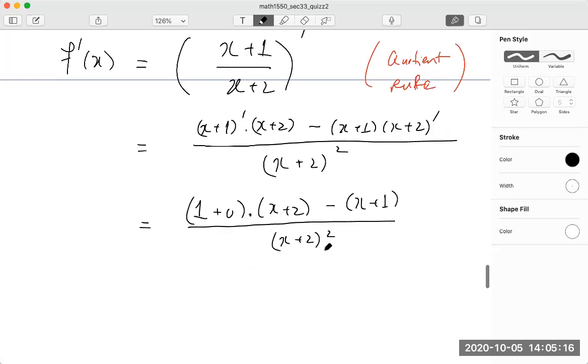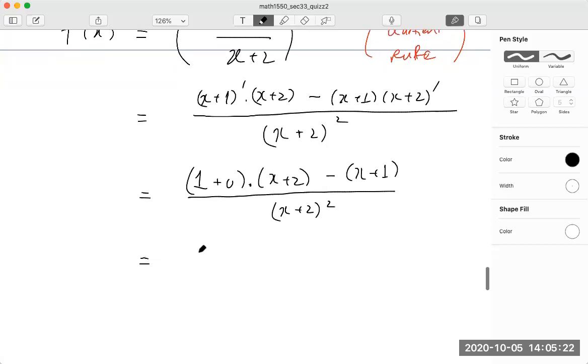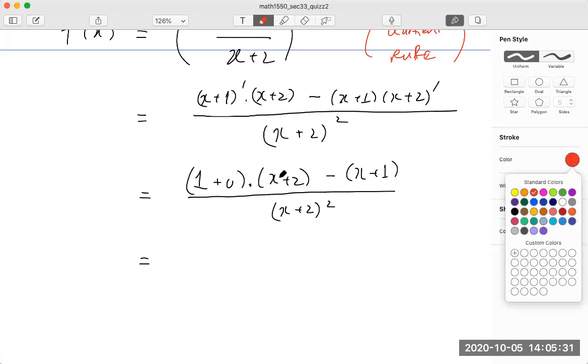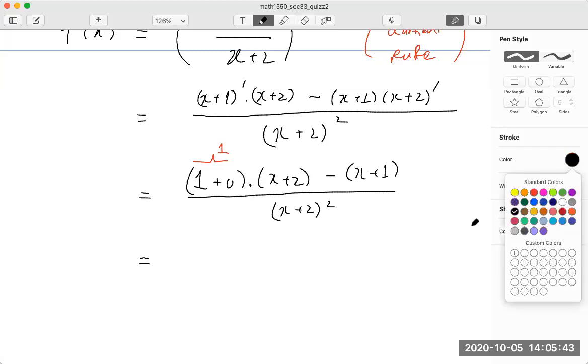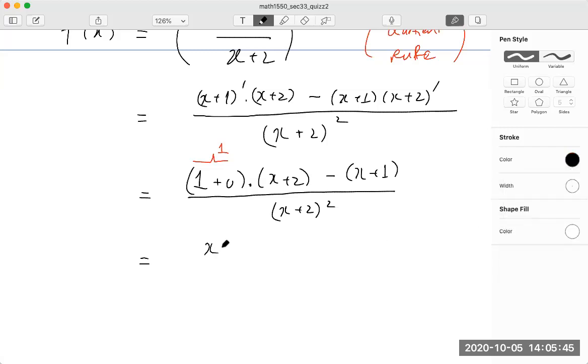So now, can we simplify it? How does it become? 1 plus 0 simply becomes 1, right? 1 times x plus 2. If we remove the parentheses, what do we have? Yes, it is x plus 2.